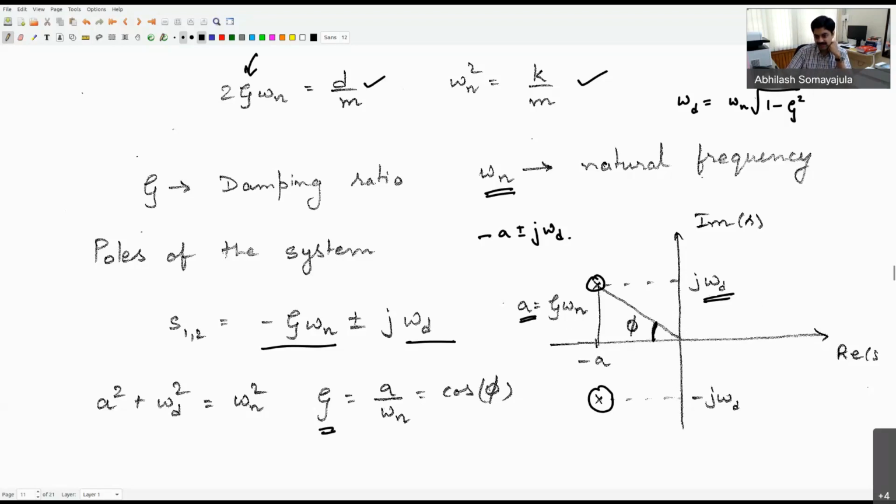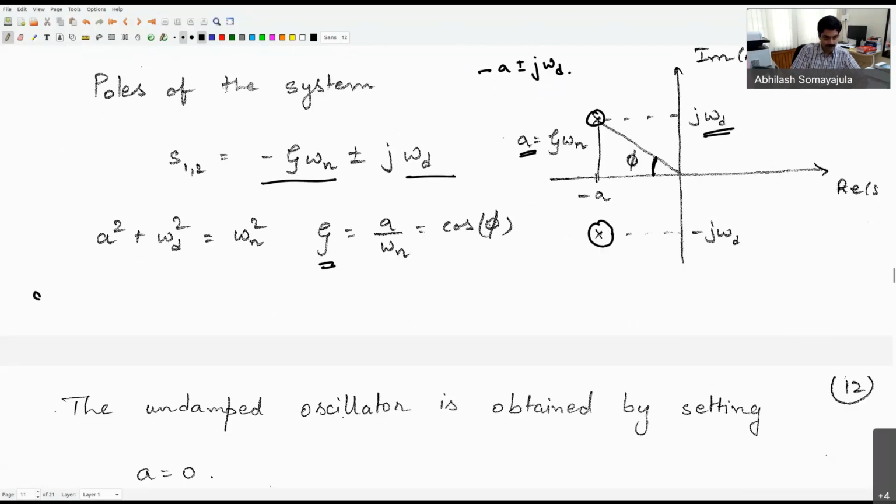Let me draw this triangle here. This side is omega d, this side is minus A, and the hypotenuse will be the square root of A square plus omega d square, which is nothing but omega n. You can see that easily because A is zeta omega n, and omega d is omega n times the square root of 1 minus zeta square.